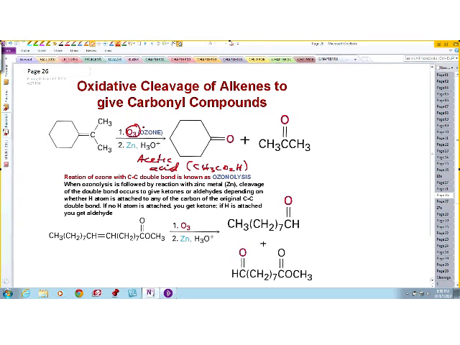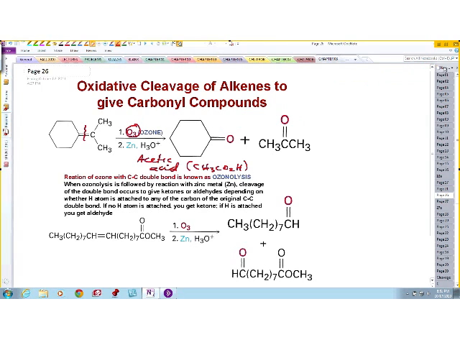Now if you do that, what does this reagent do? It will cleave the carbon-carbon double bond so that each carbon of the double bond becomes a carbonyl carbon. So this becomes a carbonyl carbon, in this case of a ketone. This other carbon here becomes the carbonyl carbon of another ketone. So this reagent cleaves the carbon-carbon double bond.